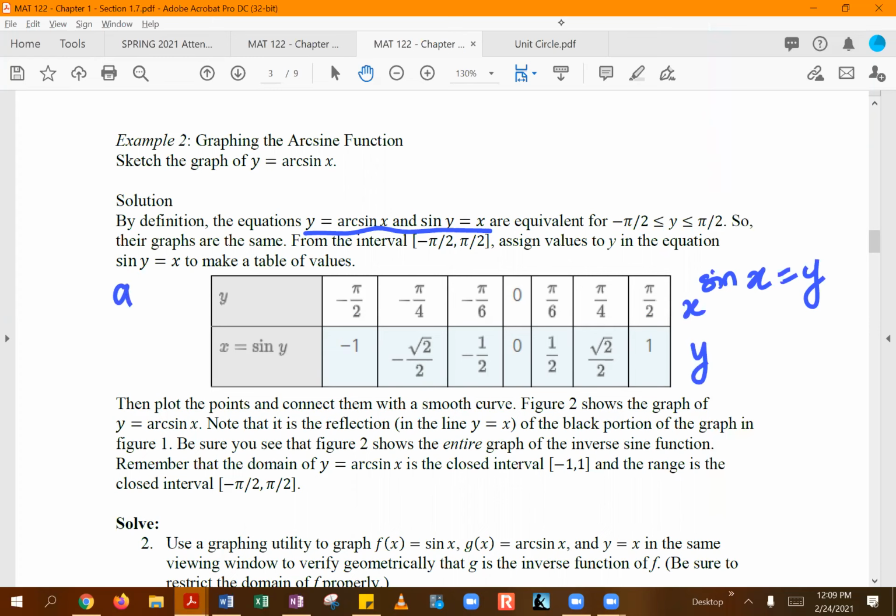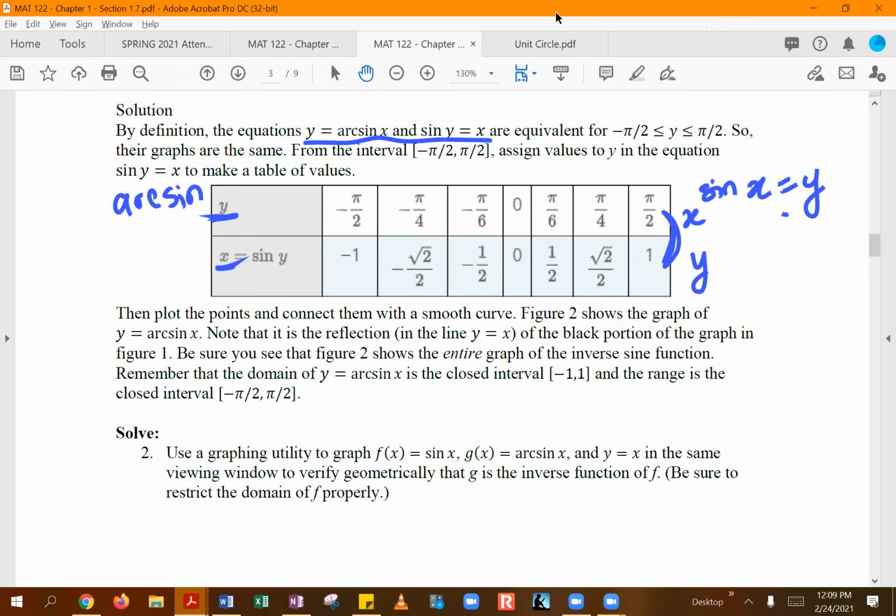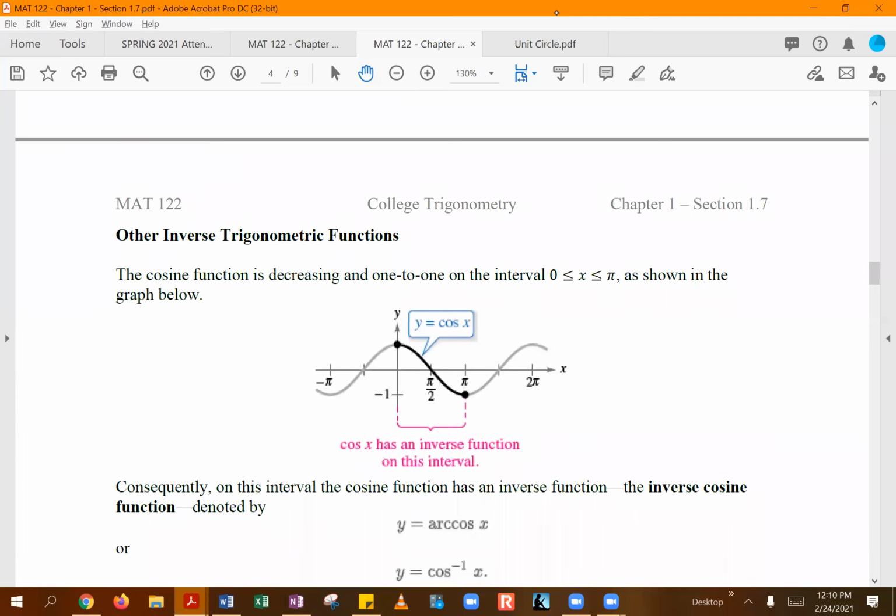But when you're looking at them as the arc sine function, what was originally the y value on the sine becomes your x value on the arc sine, and what was the x value on the sine becomes the y value on the arc sine. So just create a table for your sine function and then switch your x and y values to create a table for the arc sine, or do this for arc cosine, and you will be able to come up with your graph easily.